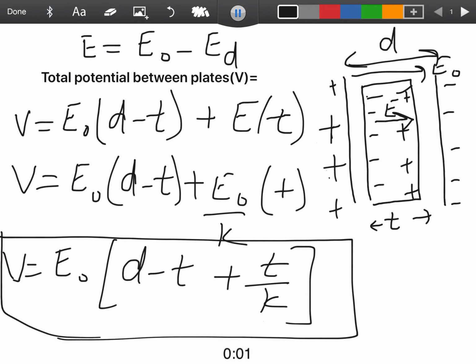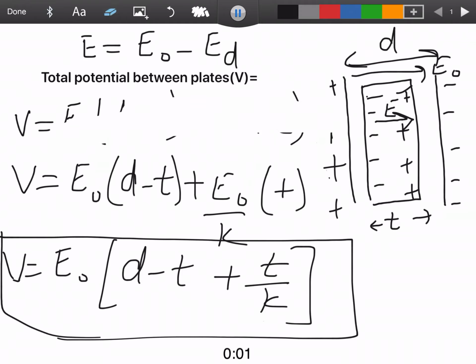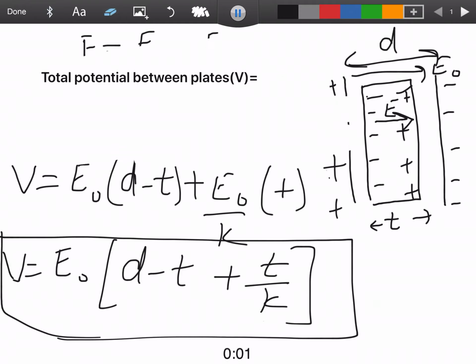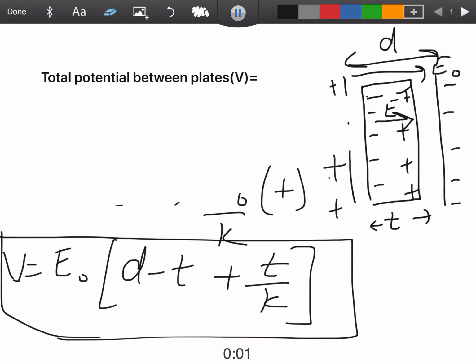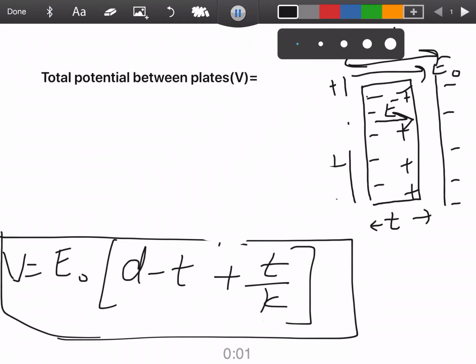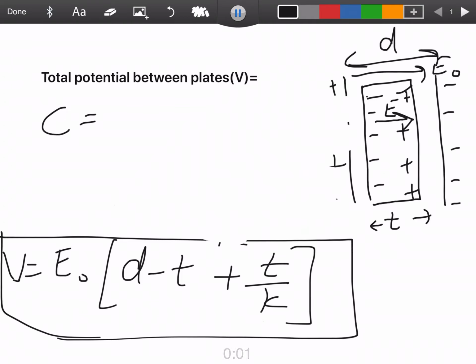Next we will be calculating the capacitance. We know capacitance is equal to, we have already done it number of times, the ratio of charge and electric potential.